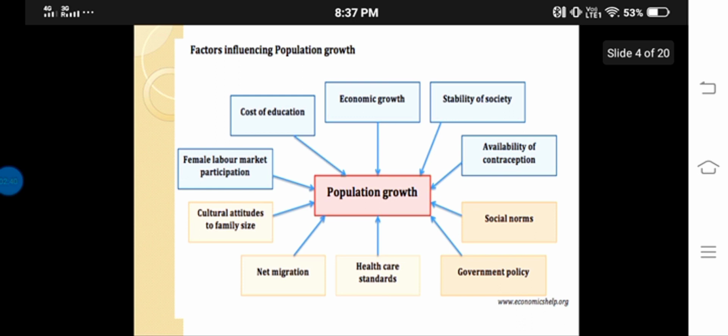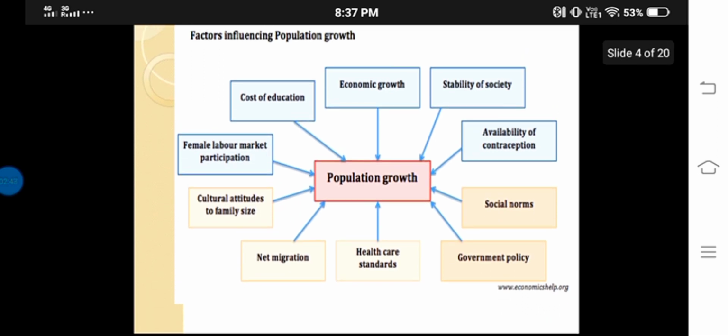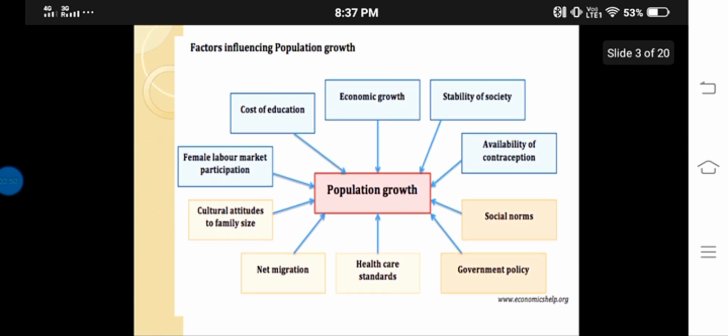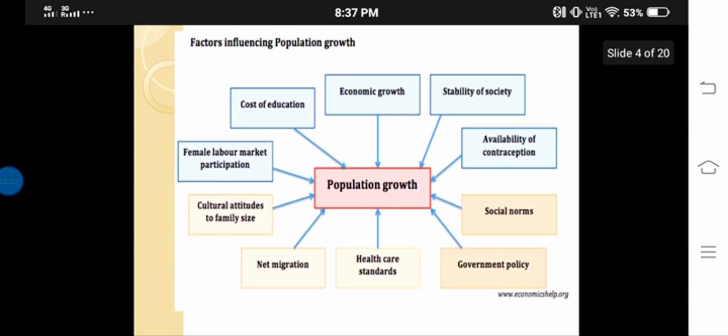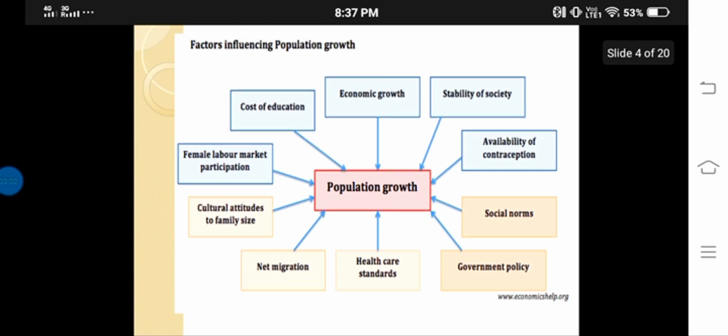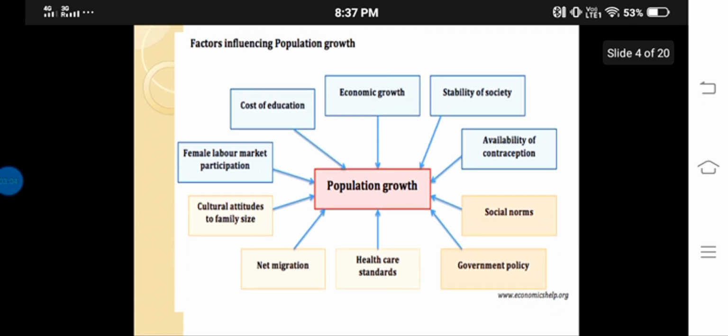Cost of education. In developed countries, you must have seen the cost of education is very huge, so families think twice before expanding the family size. Economic growth. Obviously, if a country's per capita income or growth is increasing, you will think twice about having a child, because there will be direct and indirect costs as well.